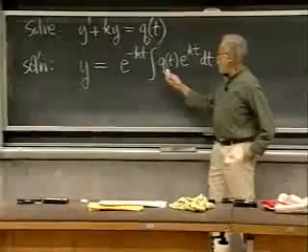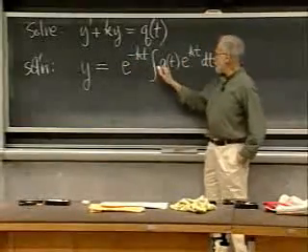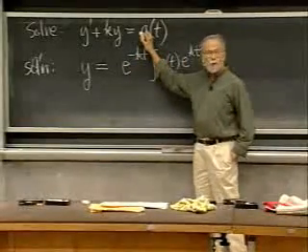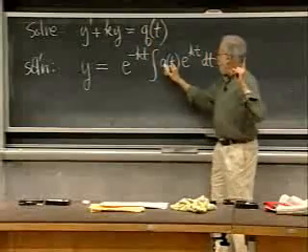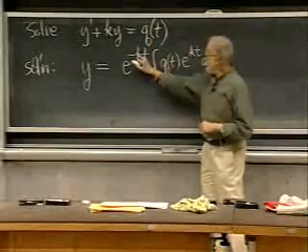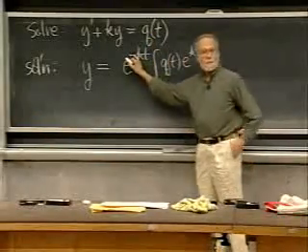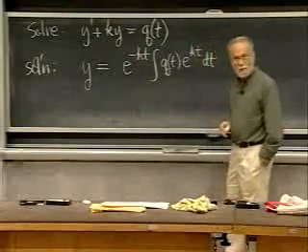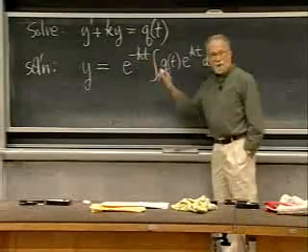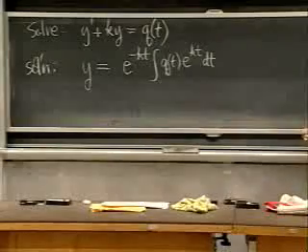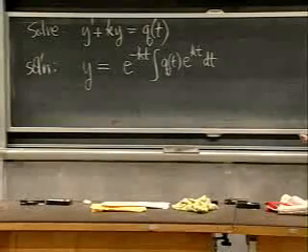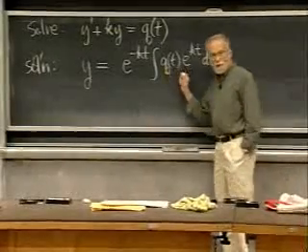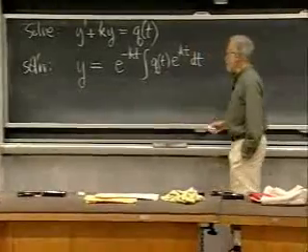It will help you to remember the opposite signs if you think that when q is a constant, 1 for example, you want these two guys to cancel out and produce a constant solution. That's a good way to remember that the signs have to be opposite. But I don't encourage you to remember the formula at all. It's just a convenient thing for me to be able to use right now.